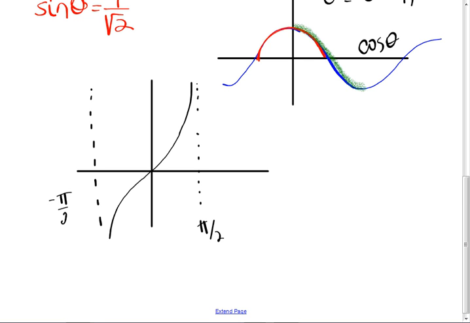So my angle for the tangent function, when we restrict this one, will be between pi over 2 and minus pi over 2. That's right. So inverse tangent is the same as inverse sine. The only one you have to remember that's different is the cosine. That's it. So that makes that easy if you think about it.